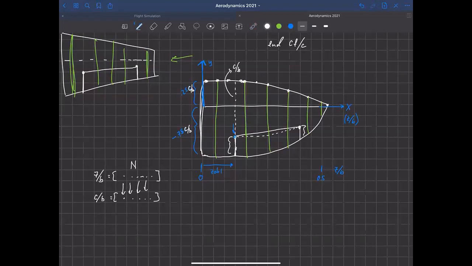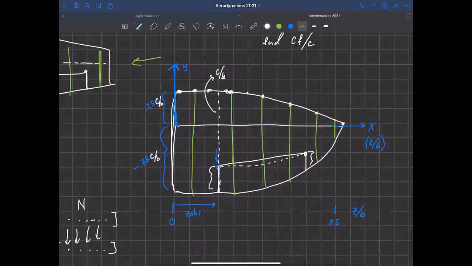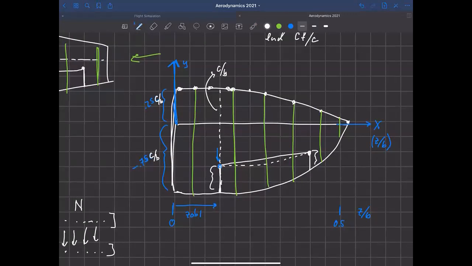Well, if it's an elliptic wing, I can do that math. If it's a tapered wing, I can do that math. However this wing is defined, I can do the math to figure out what C over B is at that location. We're going to call this C over B1.